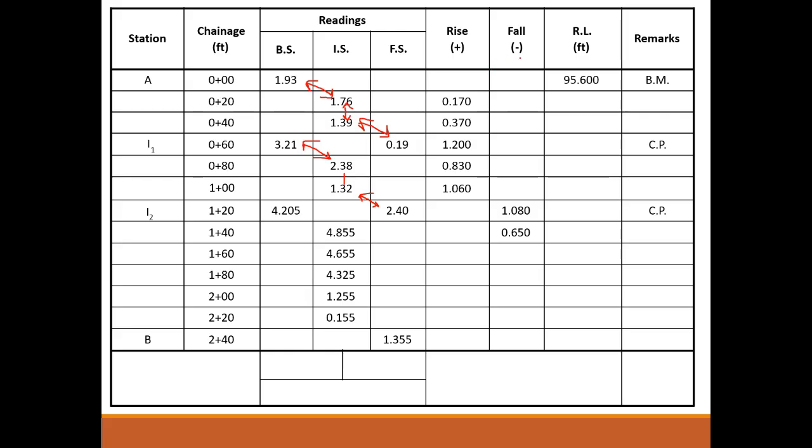It is understood that all the fall values are with the negative sign. So it is not necessary that you must mention all the minus signs with all the quantities that are entered in the fall column. Again, by repeating the same procedure, taking the difference between two values, we have calculated all these values of rise and fall.